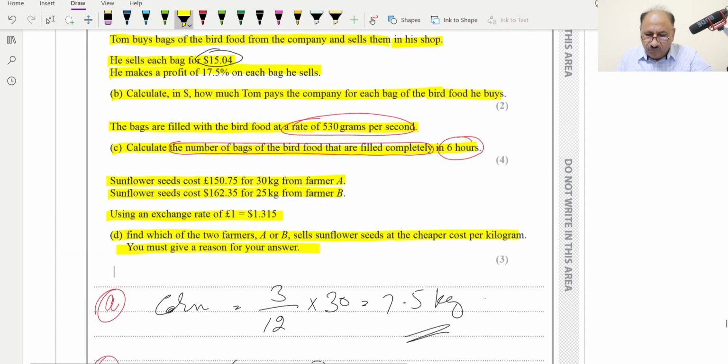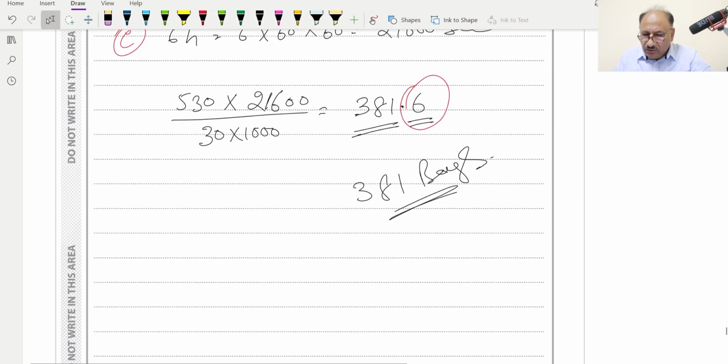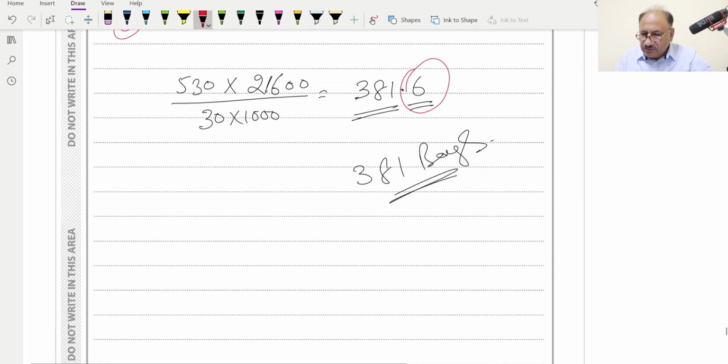So this is an easier way. What we can do, we can take them separately. This is basically the D part.